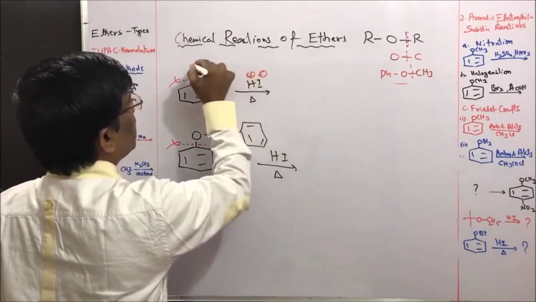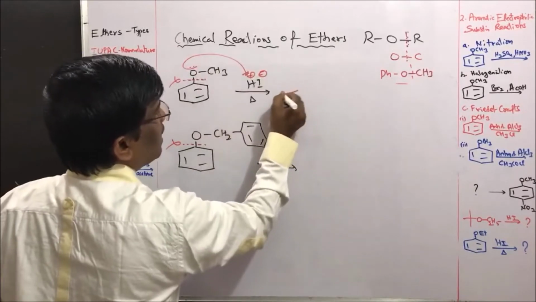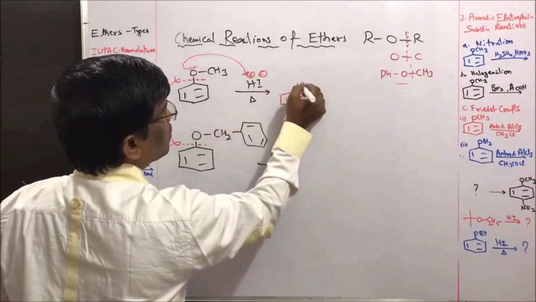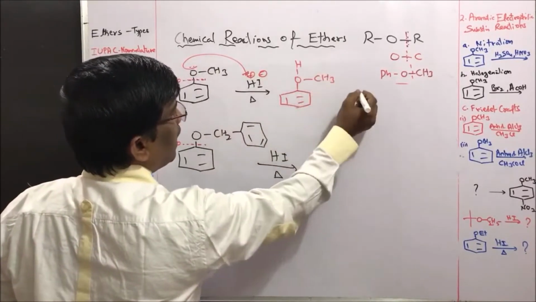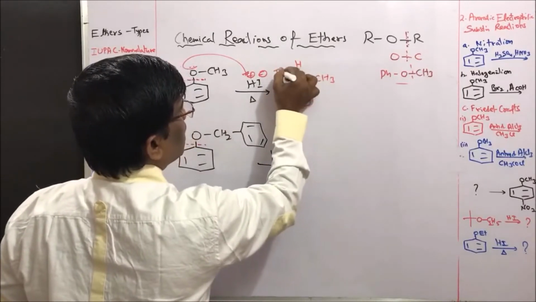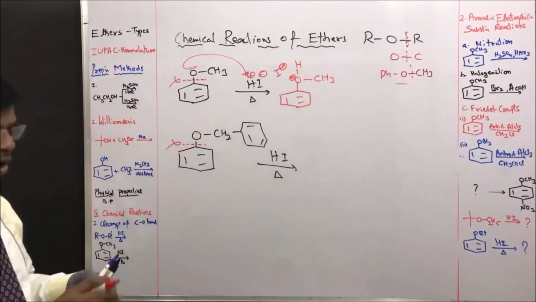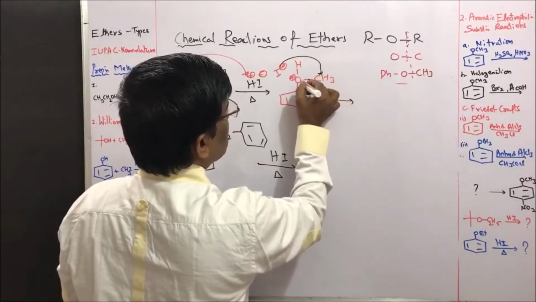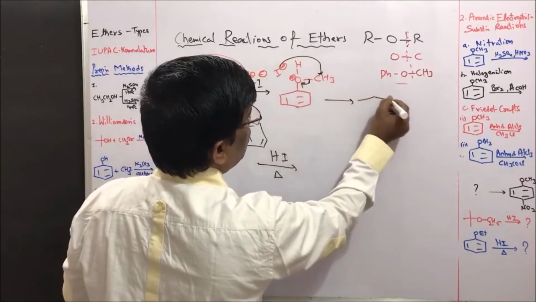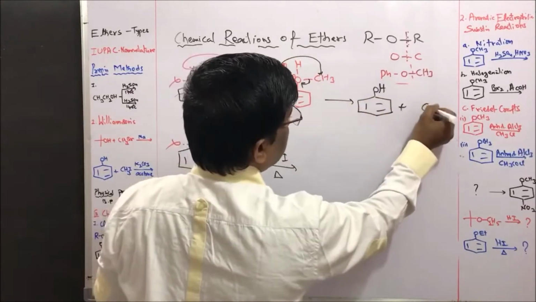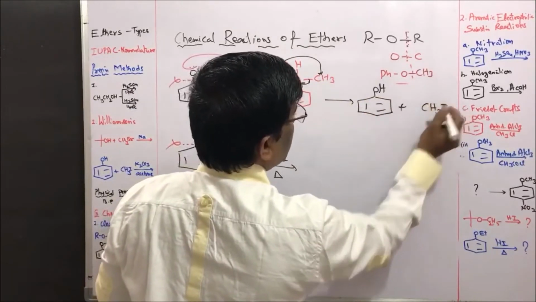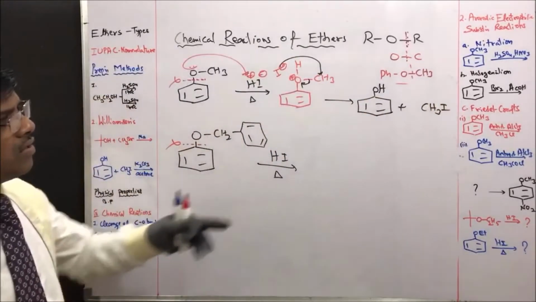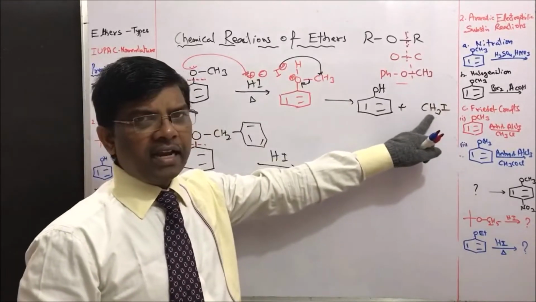It takes up the proton and forms an oxonium ion, with iodide present. Then iodide attacks the methyl and the proton is taken up to give phenol, and iodide comes out. So this is phenol and methyl iodide.